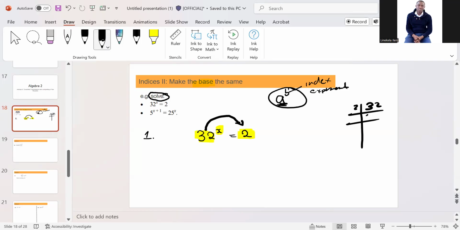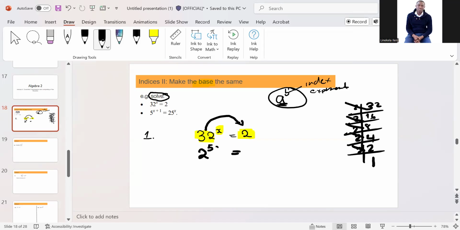So 2 into 32 is 16, 2 into 16 is 8, 2 into 8 is 4, 2 into 4 is 2, and 2 into 2 is 1, which means there is 1, 2, 3, 4, 5 twos. So I can now rewrite this as 2 to the power of 5, right?